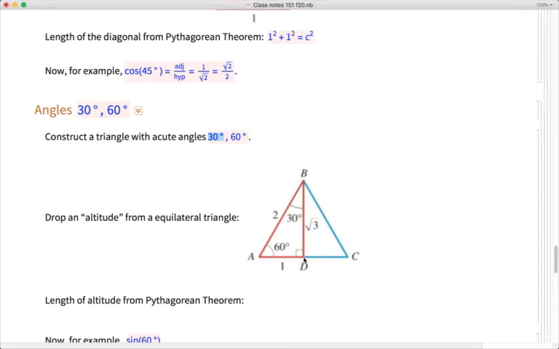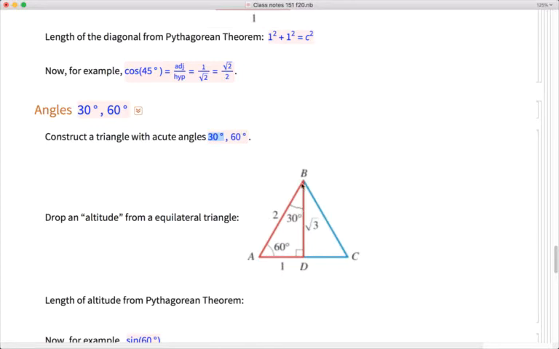Okay, so it was an equilateral triangle, all angles equal, they have to add up to 180, so in the equilateral, all of the angles were 60, and when we dropped this altitude, we cut the angle at B in half, so this became a 30.